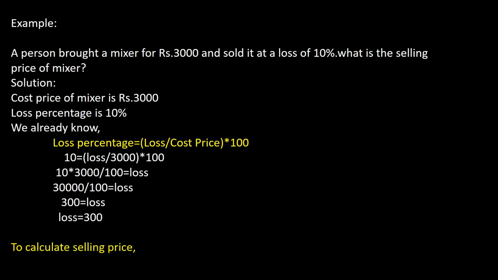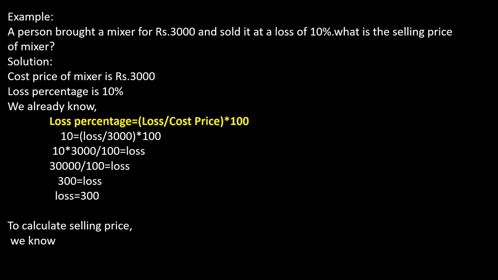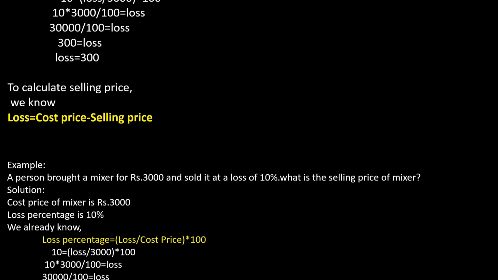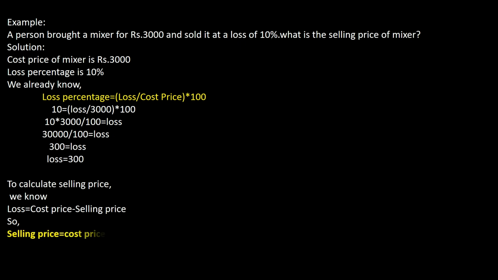And next, we are asked to calculate the selling price of the mixer. We already know loss is equal to cost price minus selling price. So selling price is equal to cost price minus loss. How?